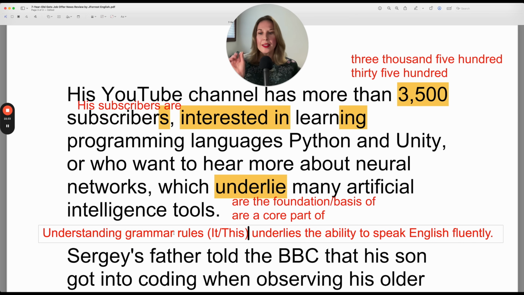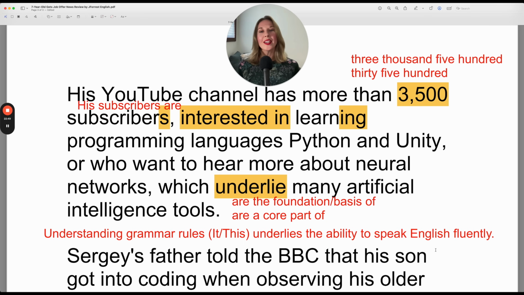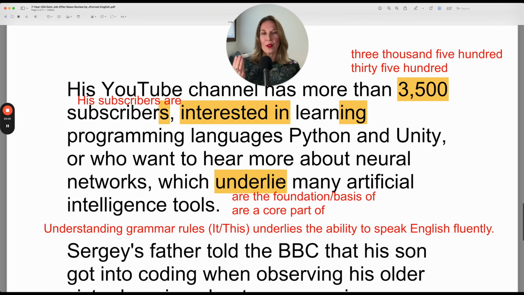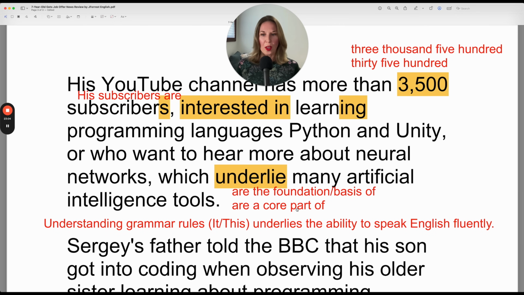Your ability to understand grammar rules underlies the ability to speak English fluently. That's why we have the S, because the subject as the gerund is "it," third person singular. And that's why, in addition to learning vocabulary, you're learning it in context and you're learning the grammar of how to use it, or else you won't be able to speak the language fluently. So there's a practical example of how to use the verb "to underlie."